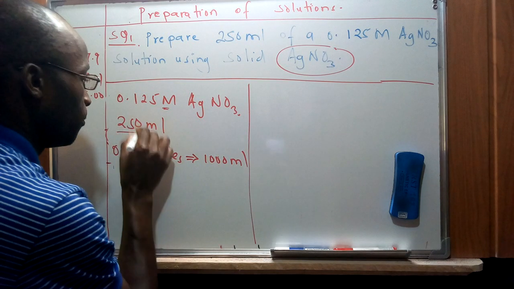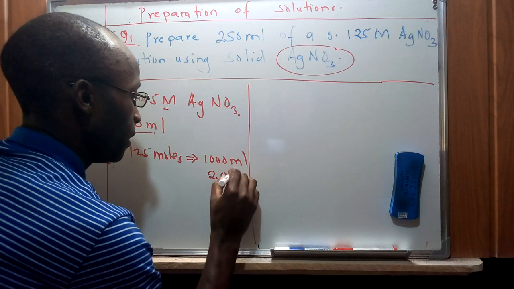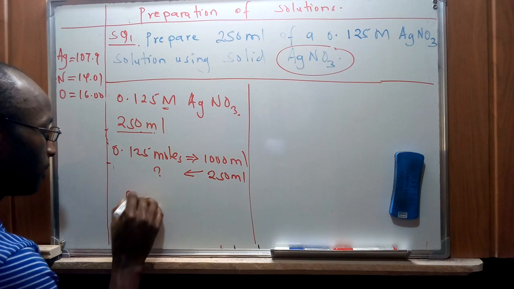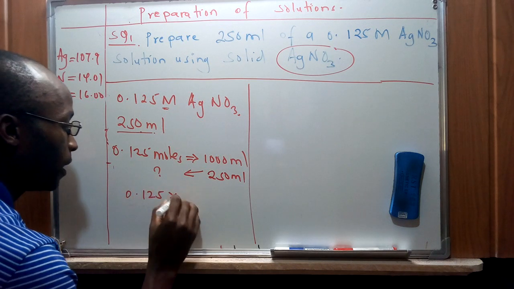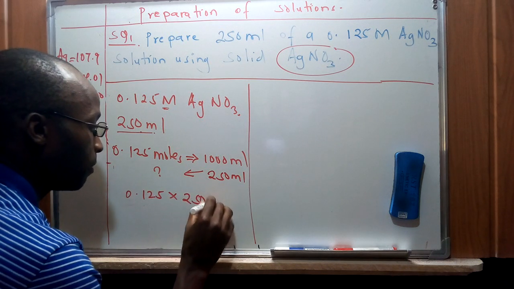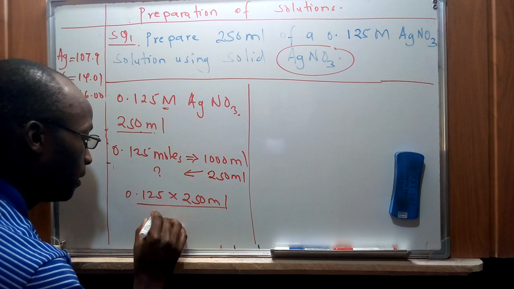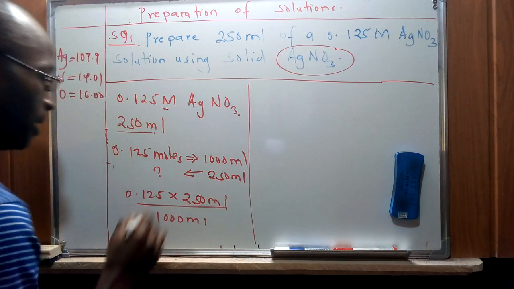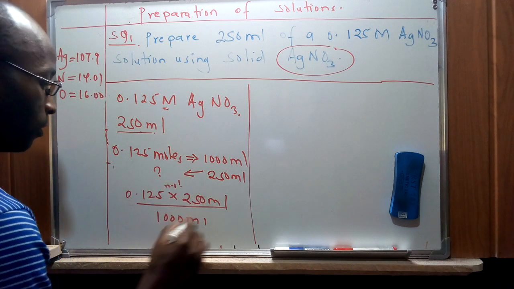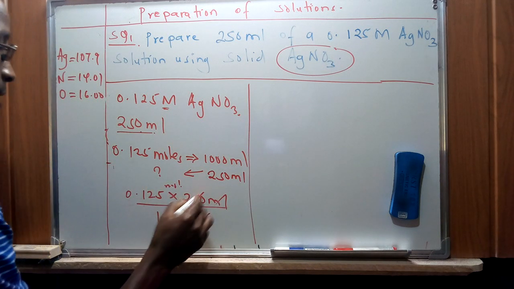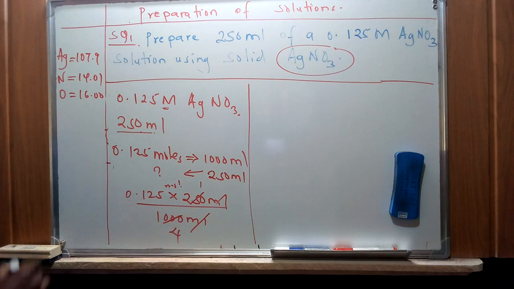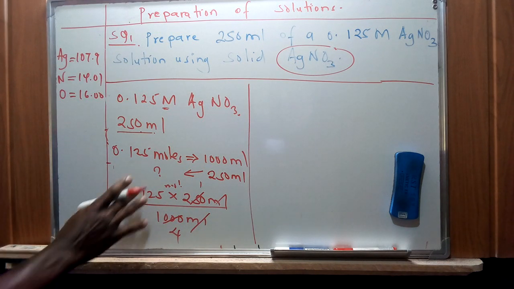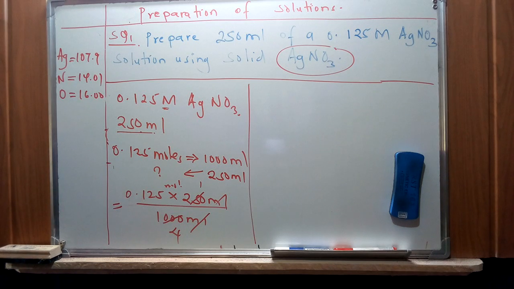We can find the number of moles in this volume of our solution: 0.125 times 250 ml divided by 1000, and the ml cancel, leaving the number of moles. So basically we're required to find a solution that contains this specific number of moles.